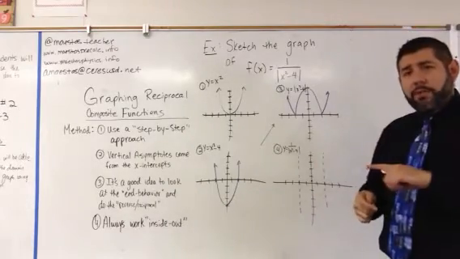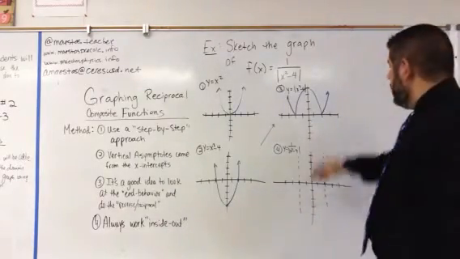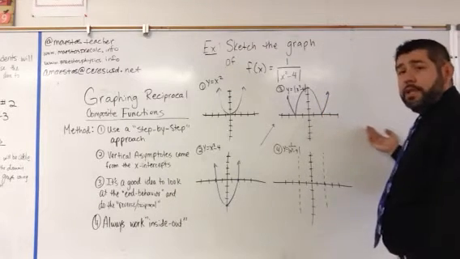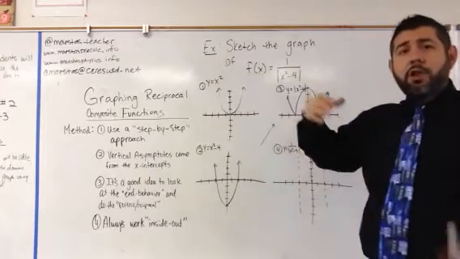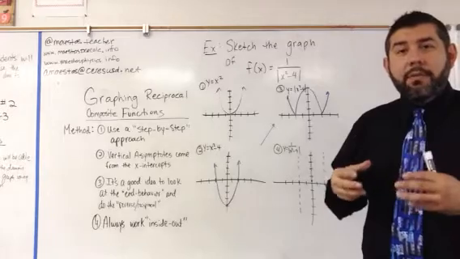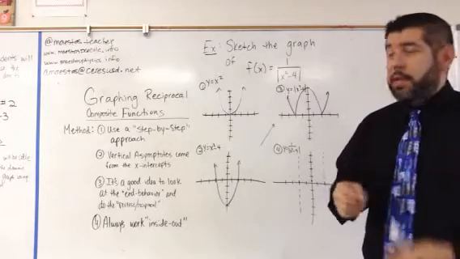Let's think really quickly about what's going on in terms of the end behavior. As x goes out to infinity on this graph, the y values are going to get larger and larger and larger, infinitely larger. Well, now think about what we do when we take the reciprocal of that.